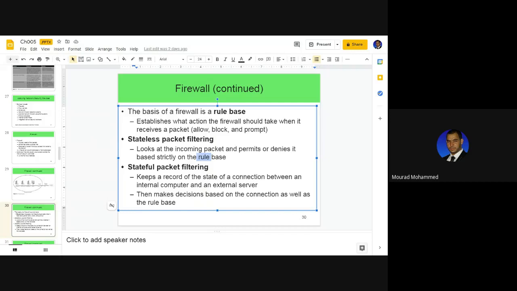The politics set by the company are the main key for how to filter the flow, to allow or to deny the data based on the rules. So this is a stateless packet filtering firewall.